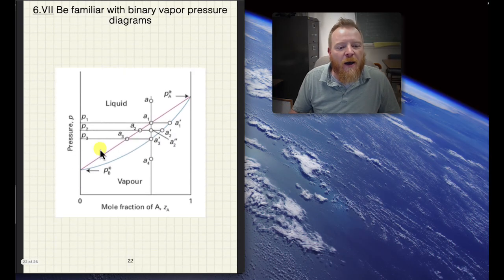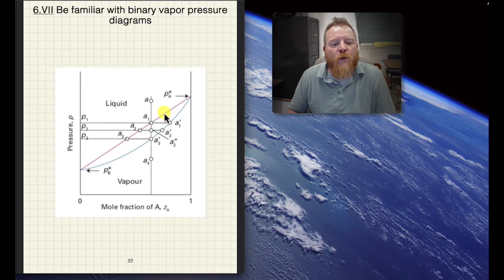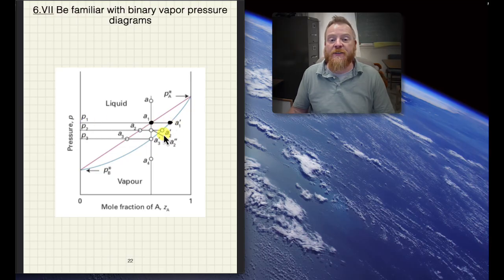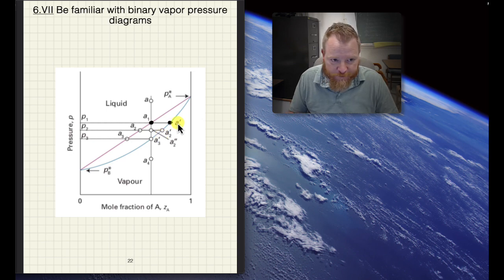And here's a better picture of that. For example, if I was looking at this A1 liquid composition at this particular pressure, we could see that A1 prime would be the composition in the vapor.